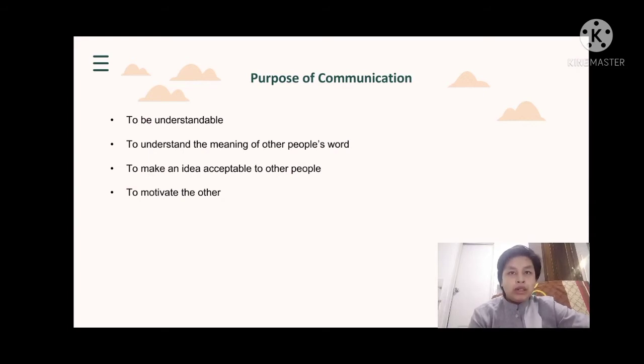It can be used to avoid misunderstanding when you communicate. The second is to understand the meaning of other people's words. And the third is to make an idea unacceptable to other people. And lastly, you can motivate yourself or others.